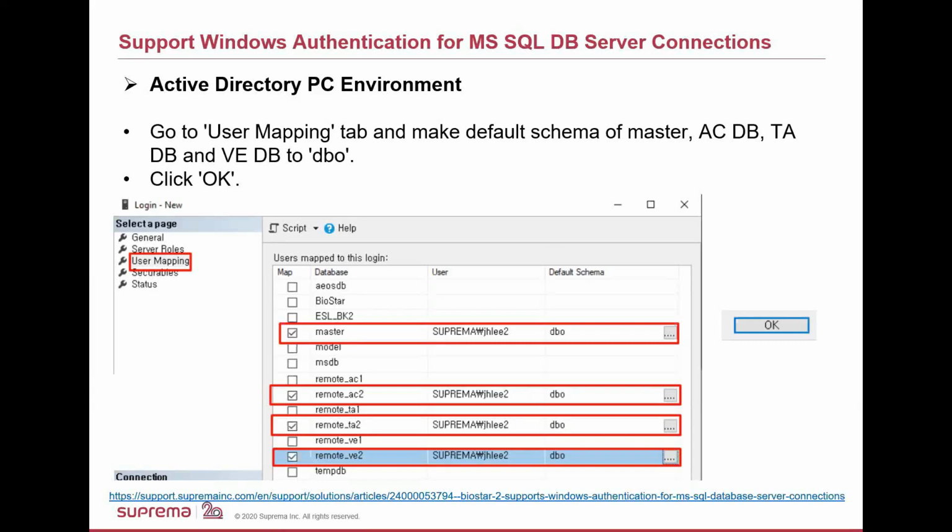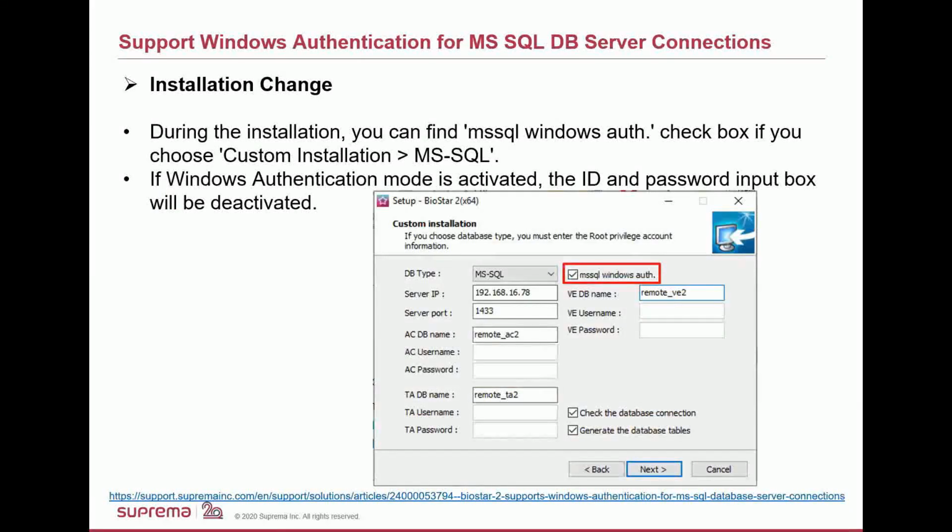After following the instructions we provided, you can use Windows authentication for your BioStar 2. For users who will freshly install BioStar 2 with MS SQL DB's Windows Authentication mode, we share some installation changes in advance.